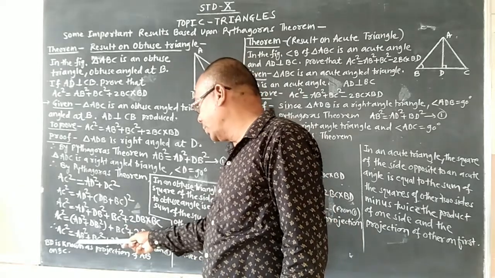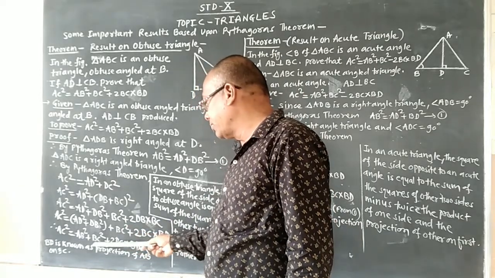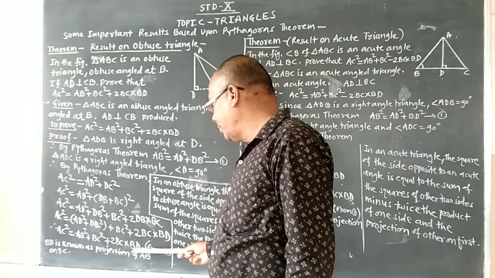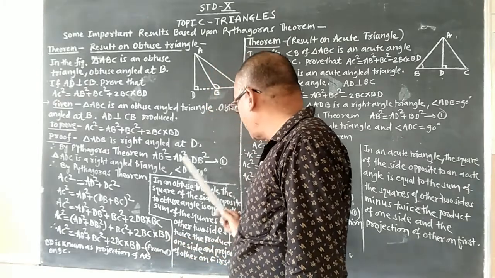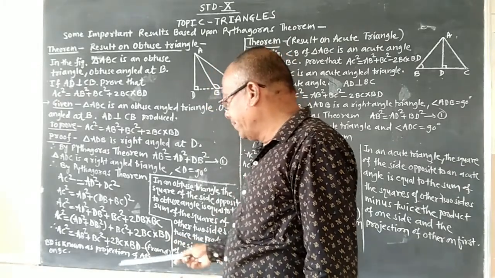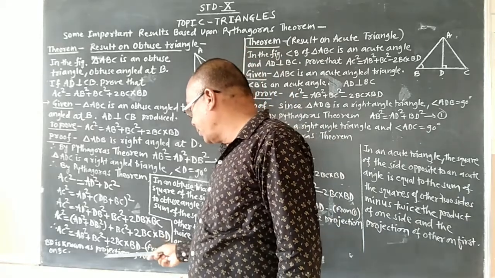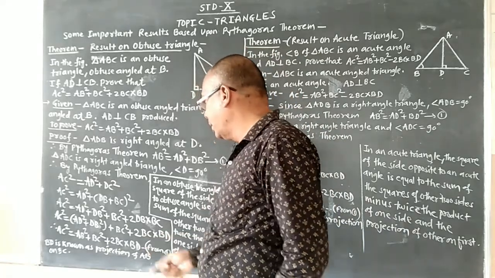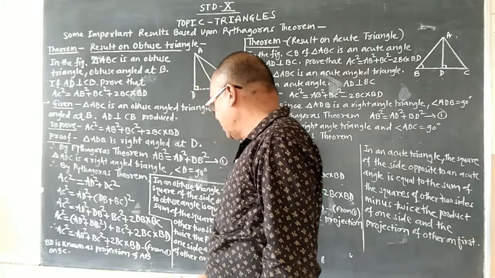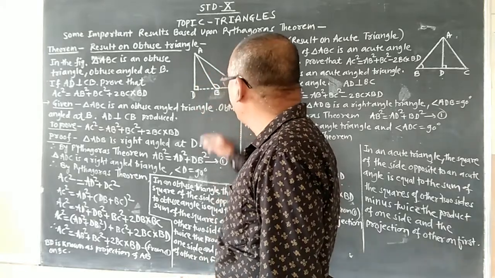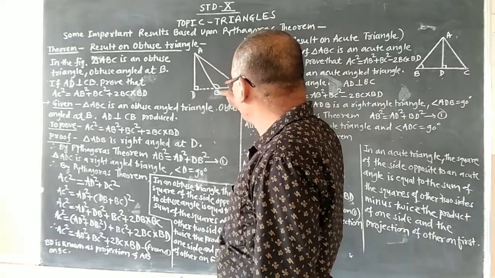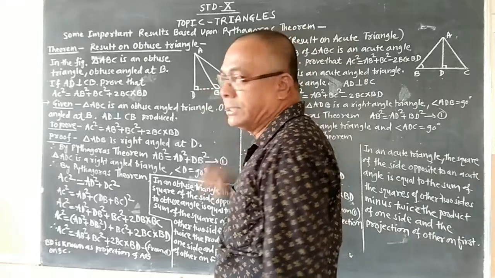So AC square is equal to AB square plus BC square plus 2BC into BD. Here BD is known as the projection of AB on BC.